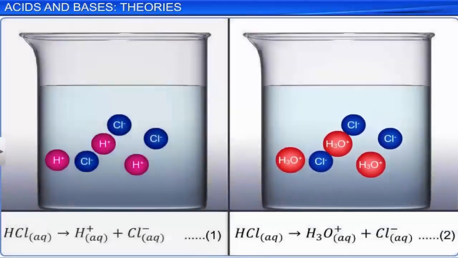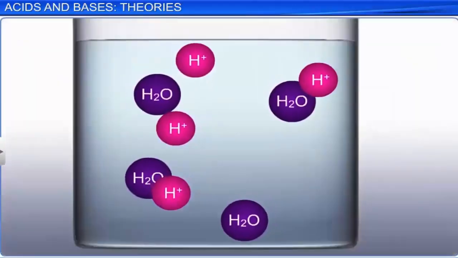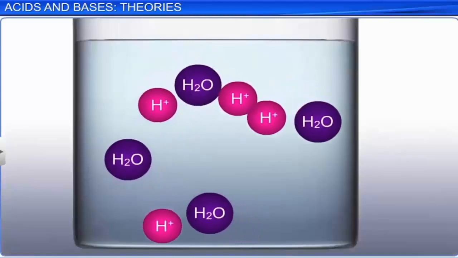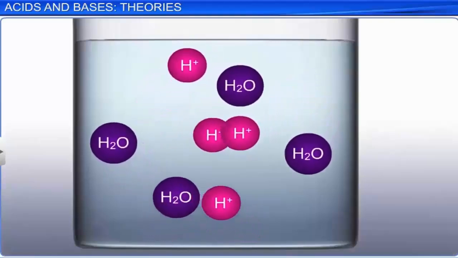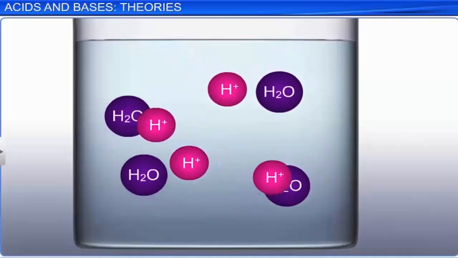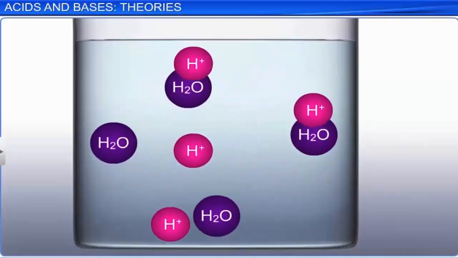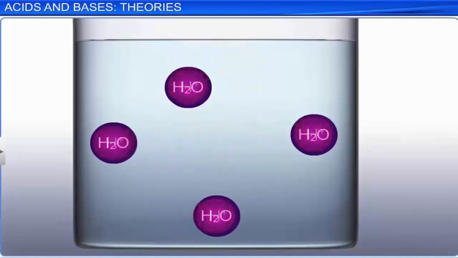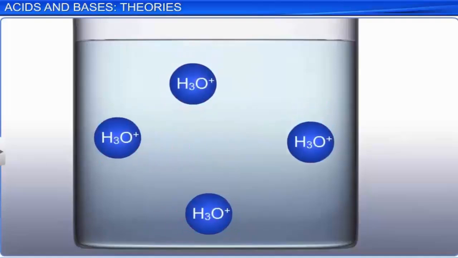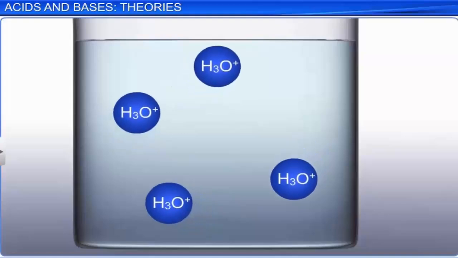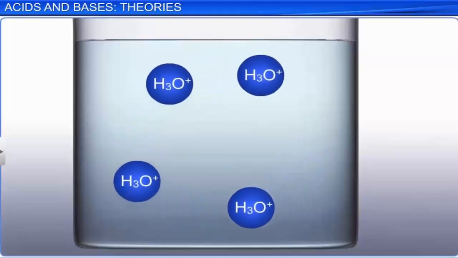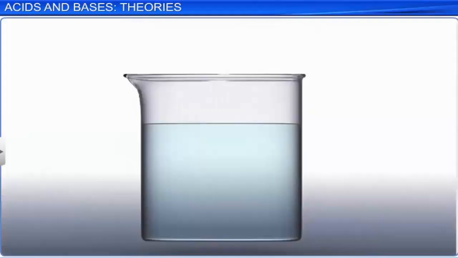As a bare proton, H+ is very reactive and cannot exist independently in an aqueous solution. Instead, it bonds to an oxygen atom of the water molecule and forms H3O+, the hydronium ion. A base is a substance that contains the hydroxyl group and ionizes in an aqueous solution to give hydroxide ions.